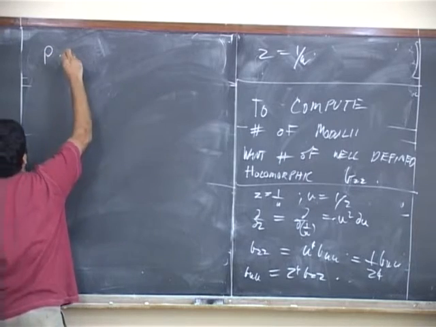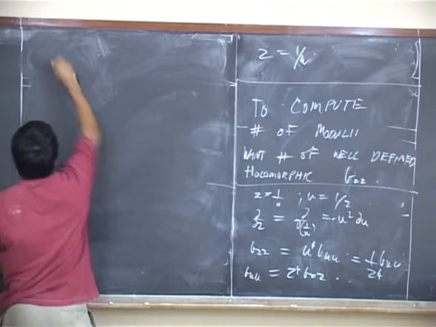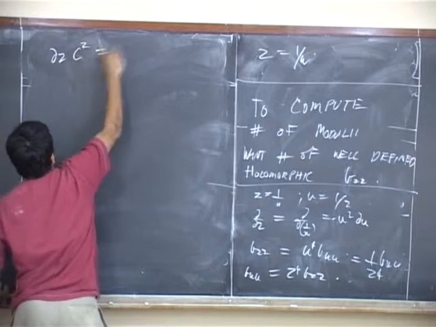So suppose we look at the operator P. That's the number of vector fields, that is, del z of c^z is equal to 0.